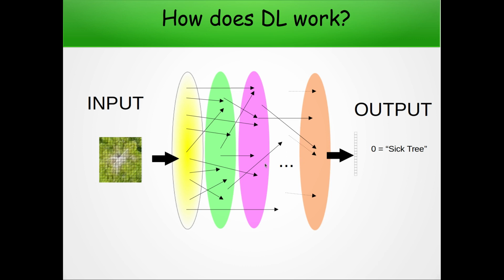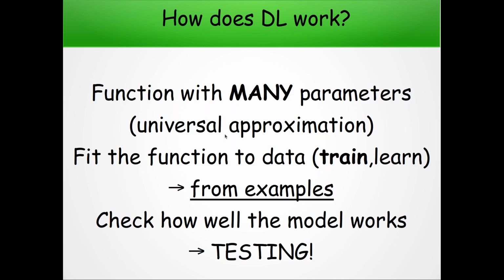And what we want to do is create a function expressed as a huge deep learning network that receives one image, processes it, passes this matrix through the whole network, and outputs the correct category, in this case, the sick tree. Okay?